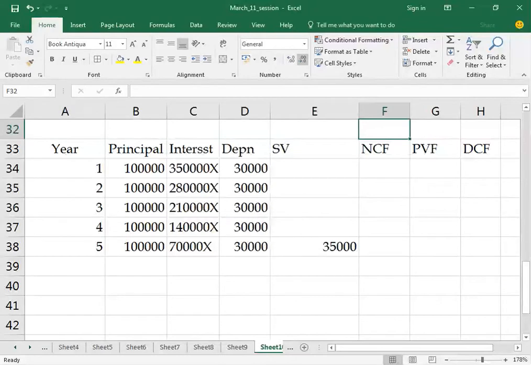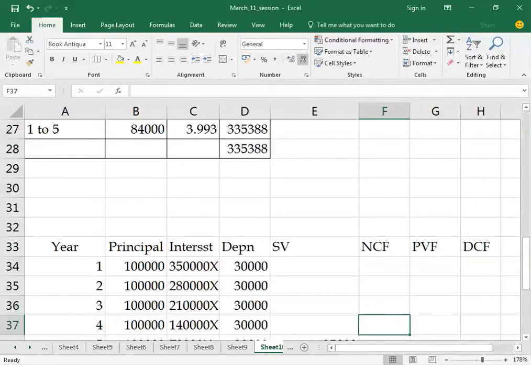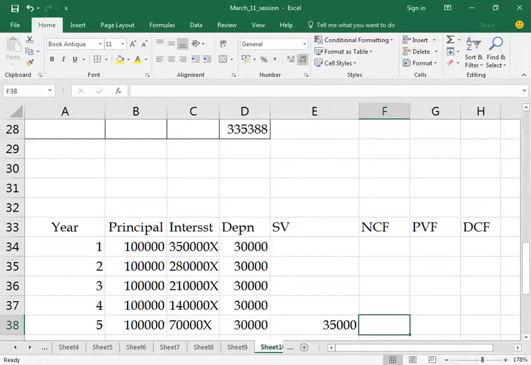Can you solve this? Add all of this, that is NCF, put PVF, get the DCF total and equate that to 3,35,388. So above this you can write, let us assume X to be the interest rate.